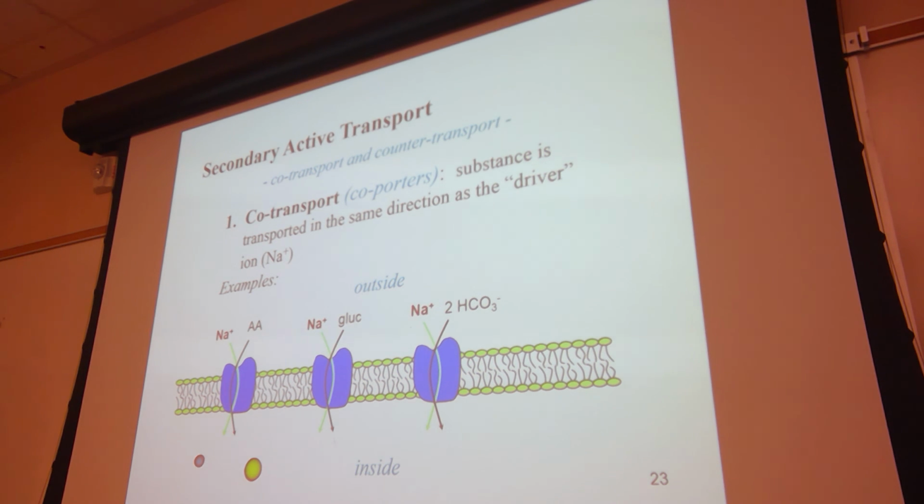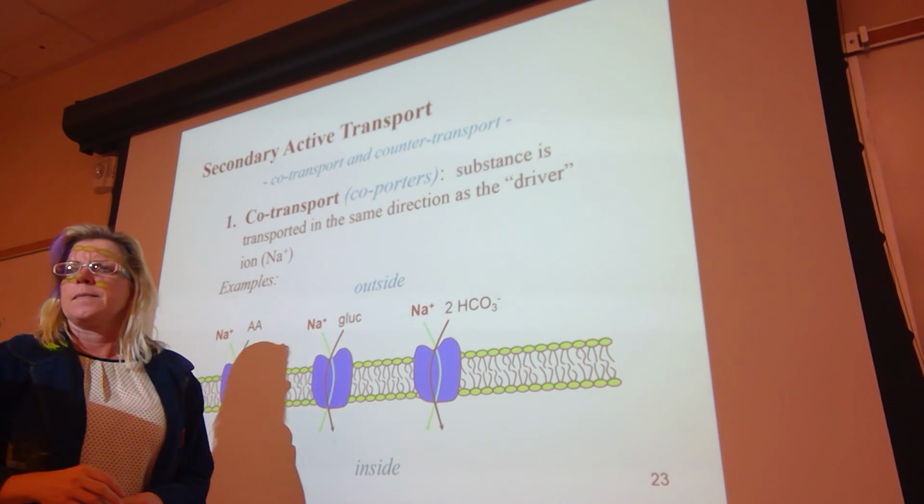If there is a totally different protein that allows sodium to come in the cell, sodium's going to go down its gradient, won't it? Diffuse back into the cell. That protein can also use that kinetic energy to pull something else into the cell, like glucose, against its gradient.